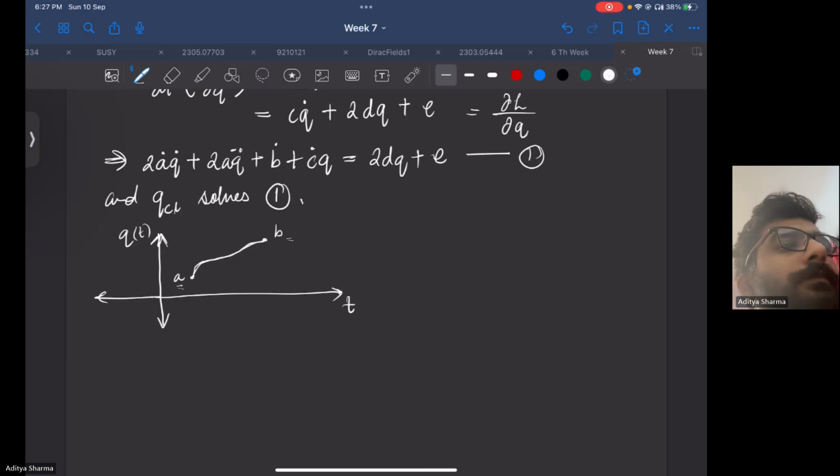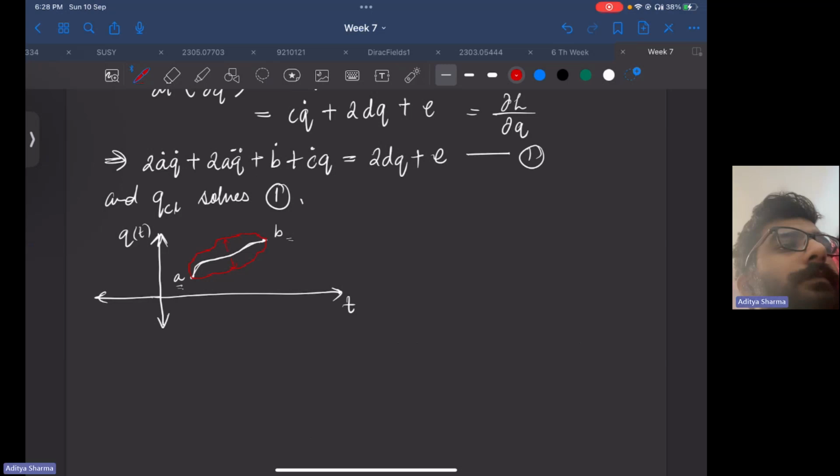So fluctuation would mean that you are just varying this trajectory somehow. It is probably going above the classical trajectory you had, or below the classical trajectory you had, or any trajectory. But we'll assume that the fluctuation is small, so that we can take first order approximation.